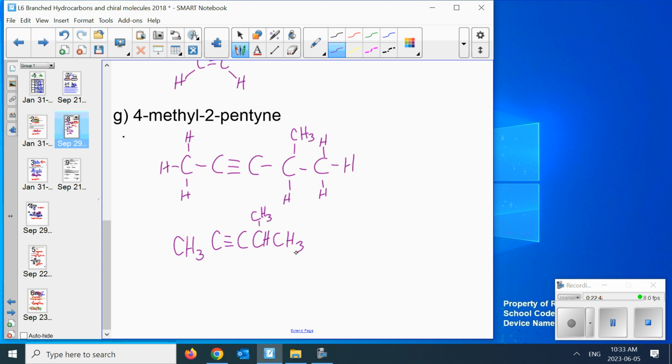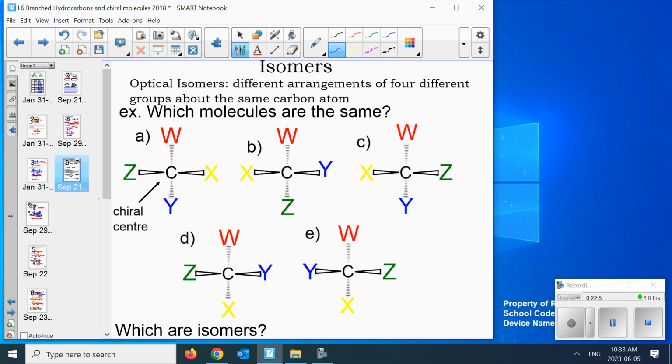Okay. One more thing, and this is what Zach mentioned, beyond what we need to know. But this is a model kit thing, and I want to pause. You guys will get model kits out. Okay? So isomers, optical isomers, not geometric.